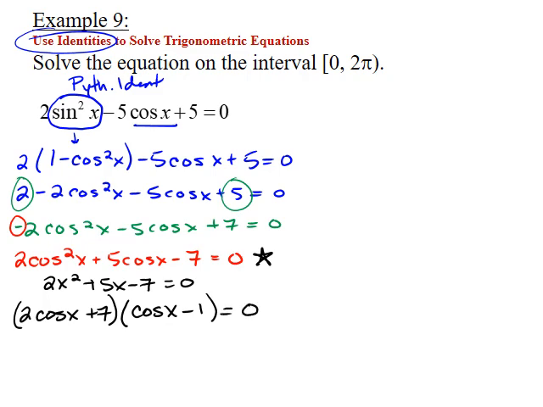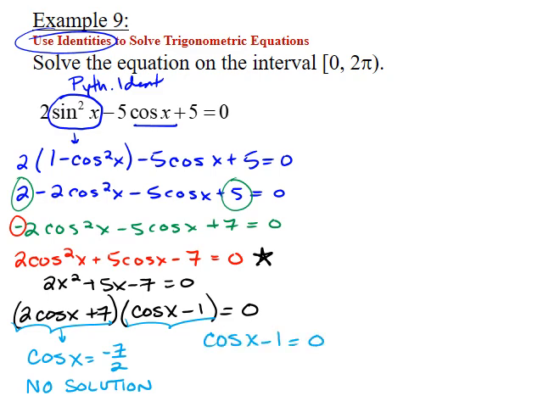And then, like the previous problems, we will set each of these factors equal to 0. Now this one here, when you set this equal to 0, you get cosine of x is equal to -7/2. We can't have this. This is no solution. But this one, cosine of x minus 1, sure, cosine of x can equal 1.